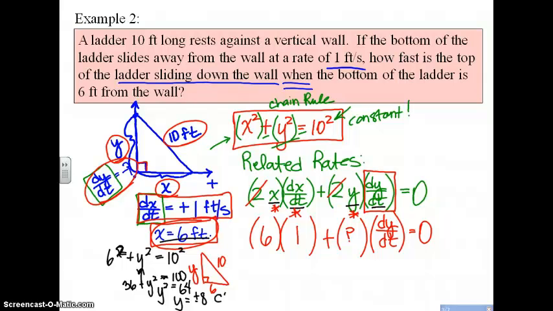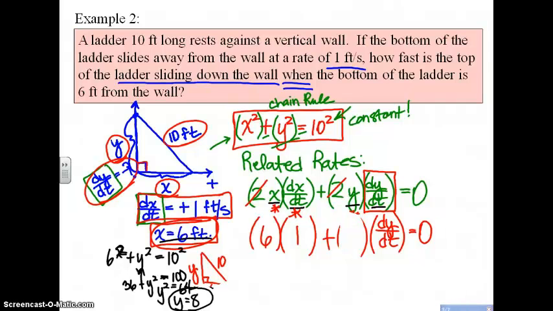But let's talk about context. Never forget the context that you're in when it comes to doing your mathematics. And when we're talking about a distance that's being measured against a wall, do we ever have negative measure? Am I going to say that that distance is negative 8 feet? Never. So even though algebraically it would make sense to put plus or minus 8, in the context of this problem, the only value that makes sense is 8.